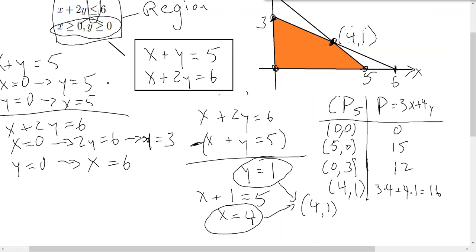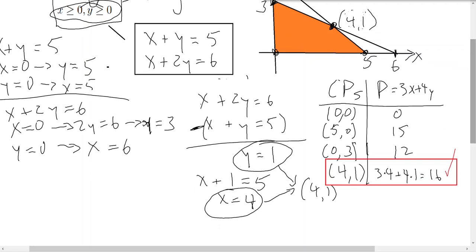So this is our answer because 16 is the largest of all these numbers here. We have 0, 15, 12, and 16. 16 is the largest.